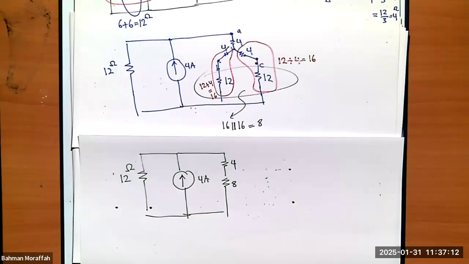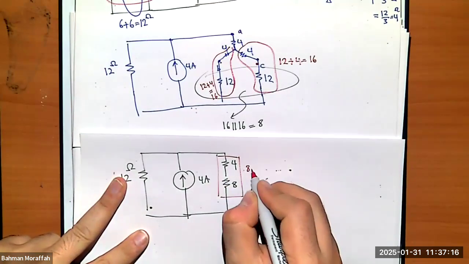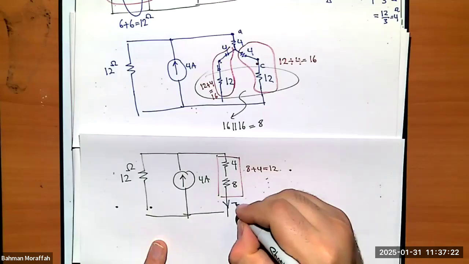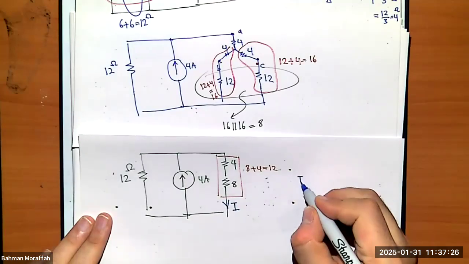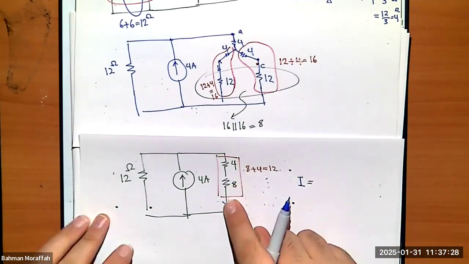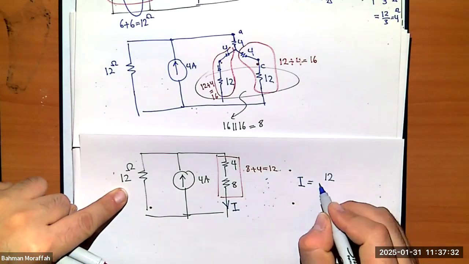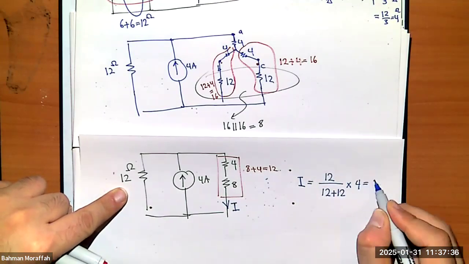So if I combine them, I have 8 plus 4, which is a 12. And I can simply find the current through here. What is current through here? Well, current through this branch is proportional to the value of the resistance here, 12, divided by 12 plus 12, times 4, which is 2 amps.